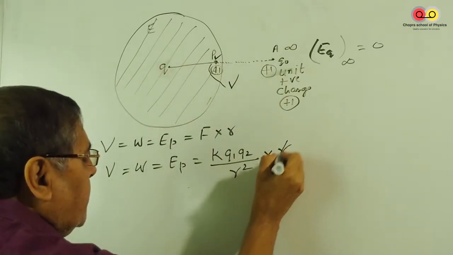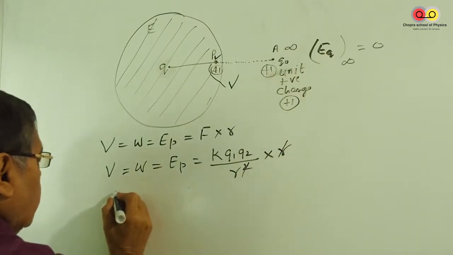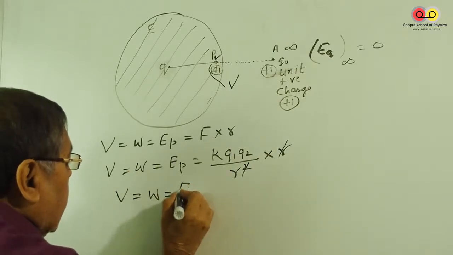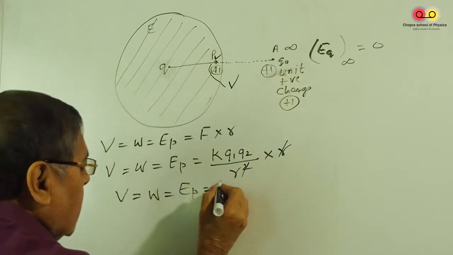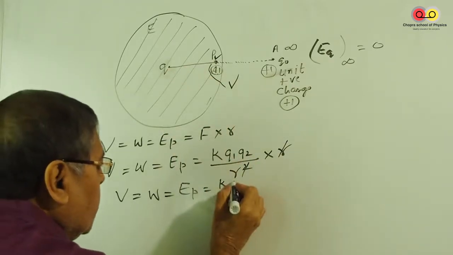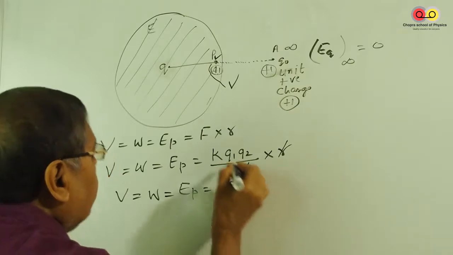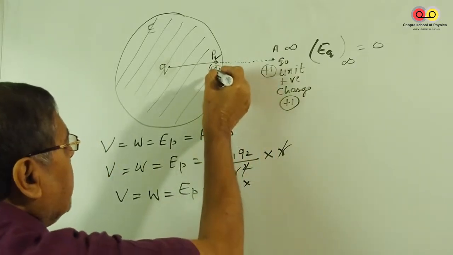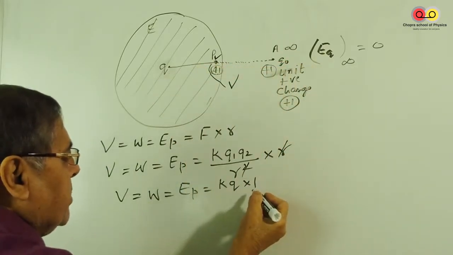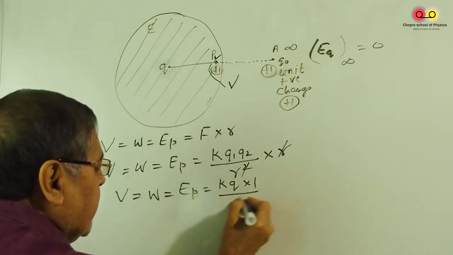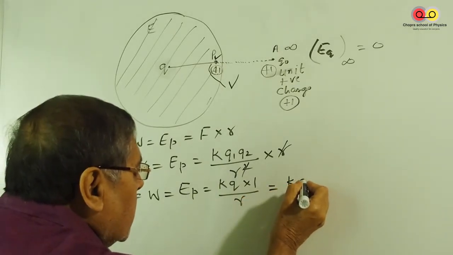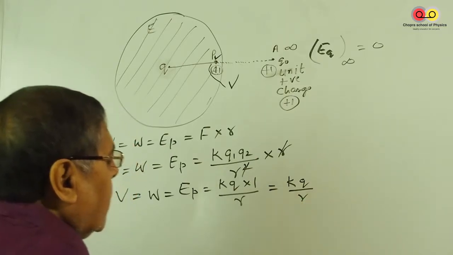R will cancel off and the remaining is V equals work done, electrical potential energy, that is K, and for Q1 we can put Q, and for Q2 we can put 1 because we are bringing a unit positive charge from infinity, divided by R. So the net formula is V = KQ/R.